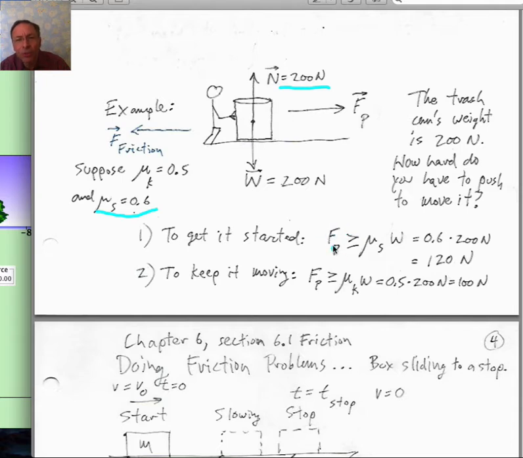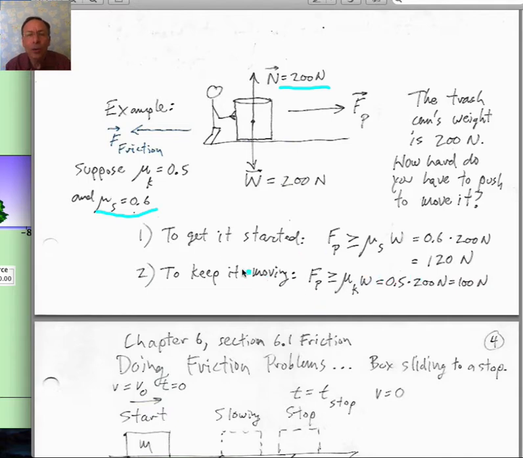In other words, your pushing force, F sub P, has to be bigger than or equal to the maximum static friction, which is mu s, the static friction coefficient, times the normal force. But here I put W because the weight is equal to the normal force. So putting numbers in, you've got the static friction coefficient of 0.6 and the normal force of 200 newtons. Multiply and you get the answer, 120 newtons.